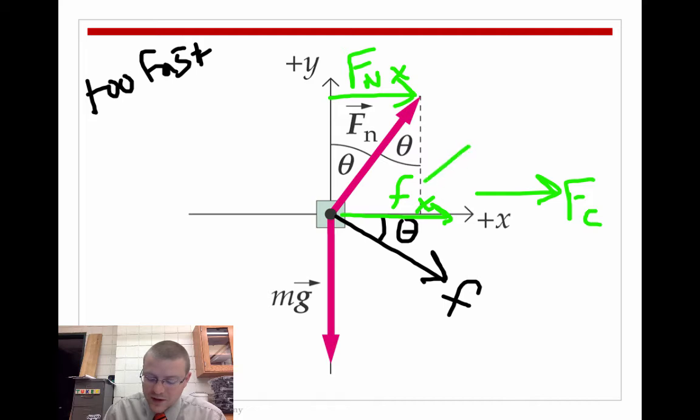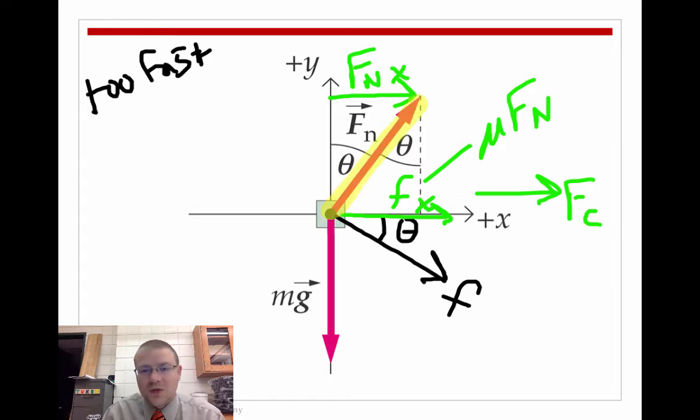But remember that your friction also depends on the normal force, so you can't just write the force of friction. You've got to actually find this hypotenuse to help you solve for the frictional component as you pull inwards. So if you're too fast, that's what's going to happen to the car.